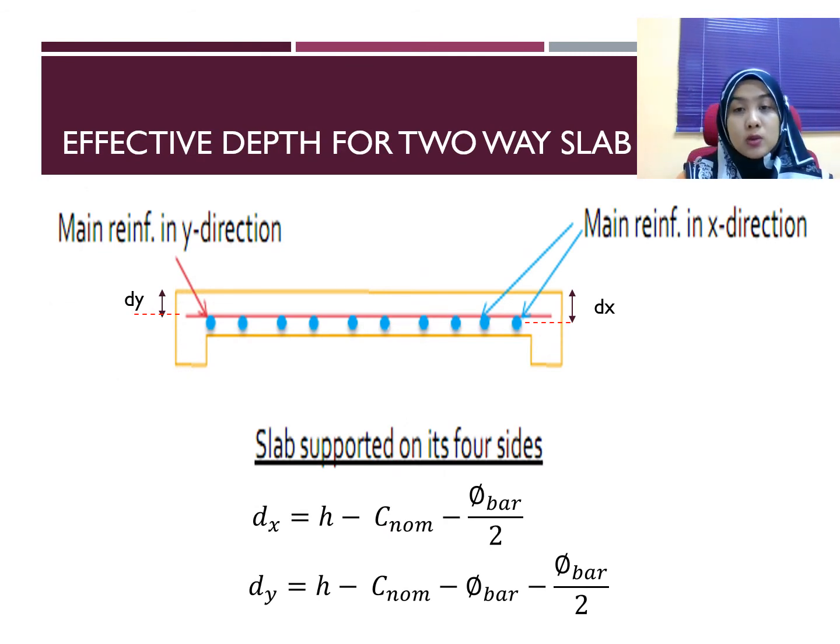Okay, for the effective depth for two ways, since we have two main reinforcements, one in X direction and also in Y direction, the calculation of the effective depth, the d value, depends on the reinforcement. Let's say you are going to calculate for X direction, so you calculate dx. Dx is for the bottom reinforcement, which is the blue one. So the dx value equals the total height of the slab minus cover minus diameter of bar divided by 2.